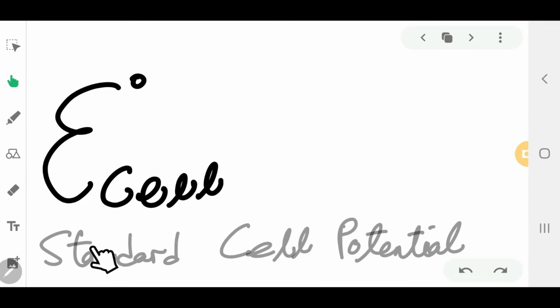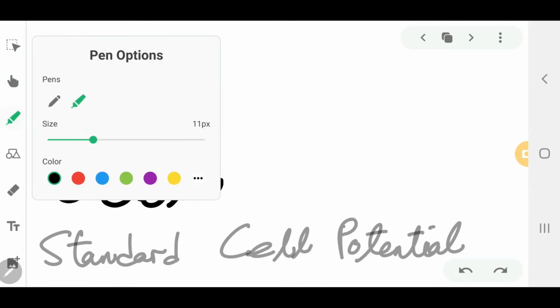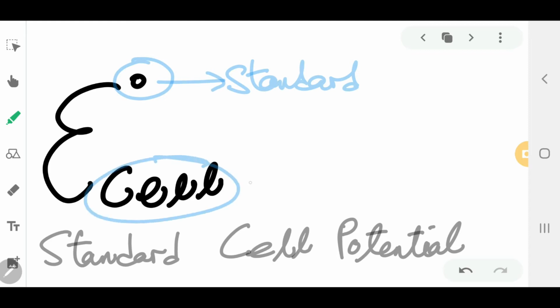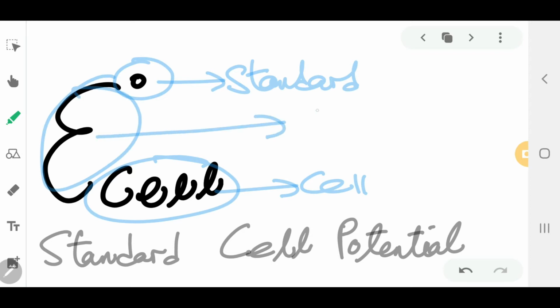So when you see the standard cell potential, you should understand that the naught symbol signifies standard, that signifies cell, and that should be the potential.